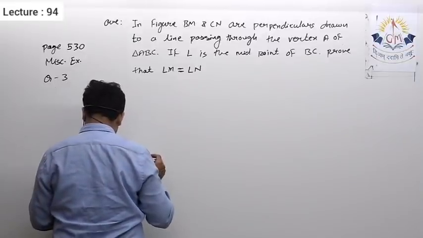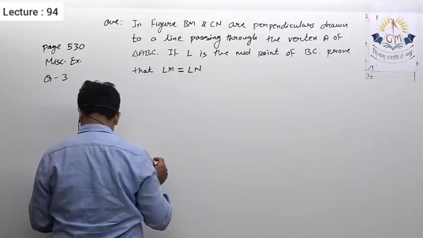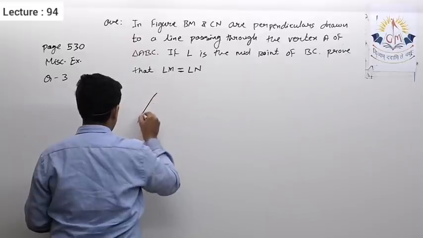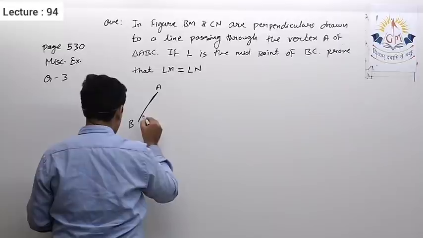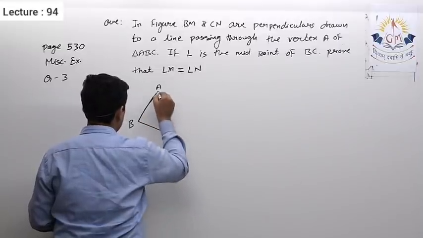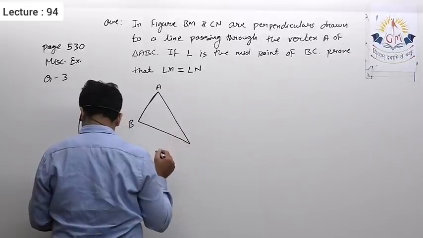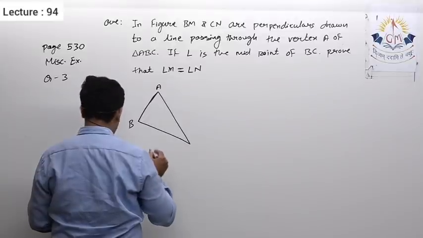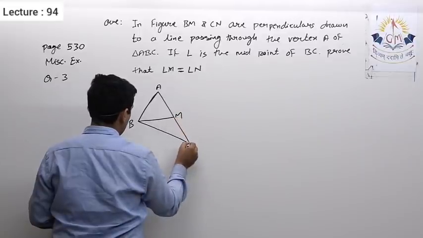Okay, so we have a triangle ABC. Okay, this is triangle ABC. It is given L is the midpoint of BC. BM and CN are perpendiculars. So this is BM, which is perpendicular, then CN.